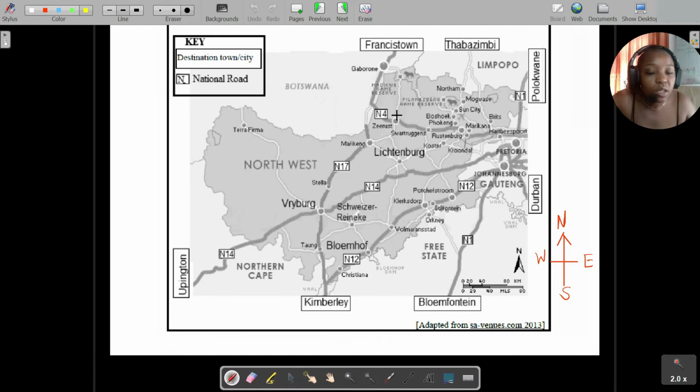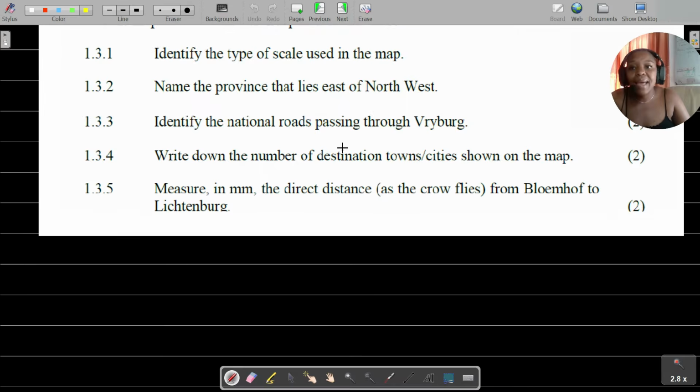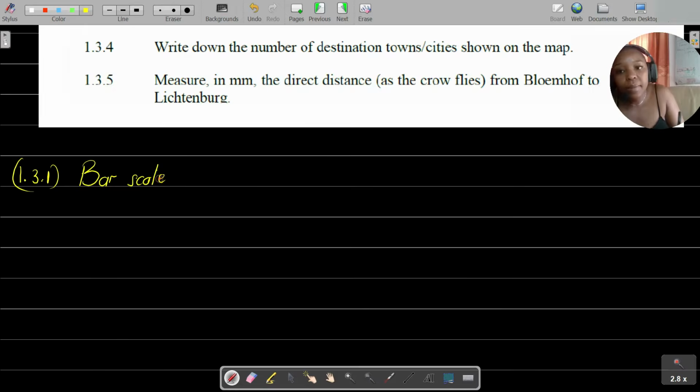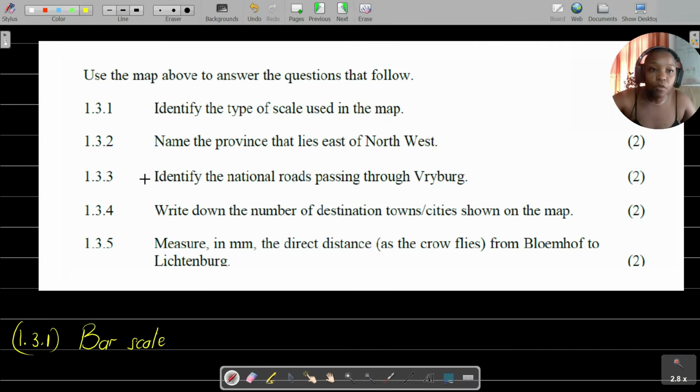So it's a bar scale. So whichever one that you feel it looks like between the two, it's still fine, because remember, a line scale, bar scale, they work in the exact same way. I'm going to say it's a bar scale. Imagine just 2 marks for being able to identify what type of a scale it is.